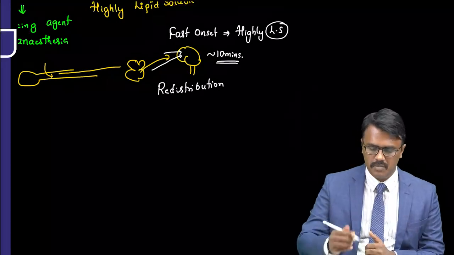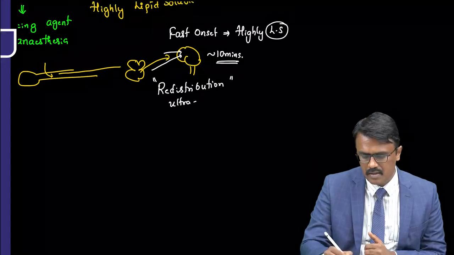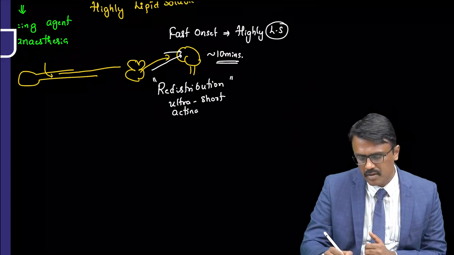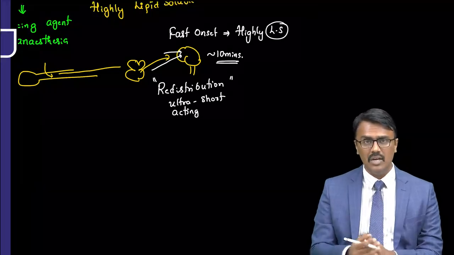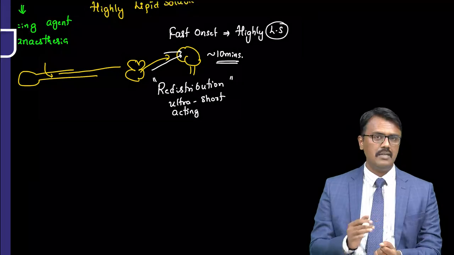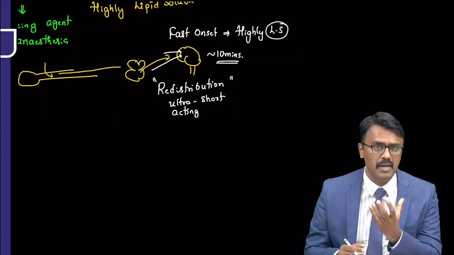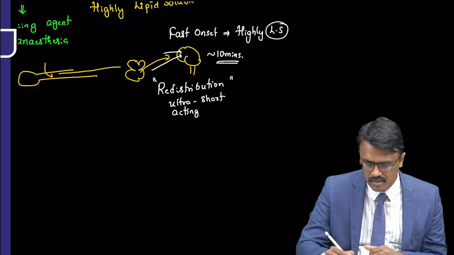So because of the phenomenon of redistribution, the drug is ultra short acting in the brain. That's the reason we use this only for starting. We start the anesthesia and maintain it by giving inhalation drugs.